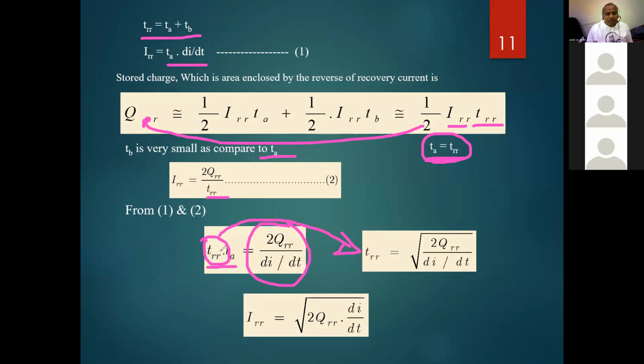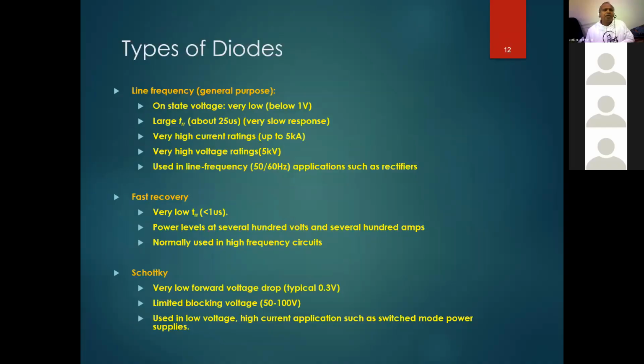So TRR square is equal to this, and TRR is just the root of that. And IRR, the reverse recovery current, is given by this.